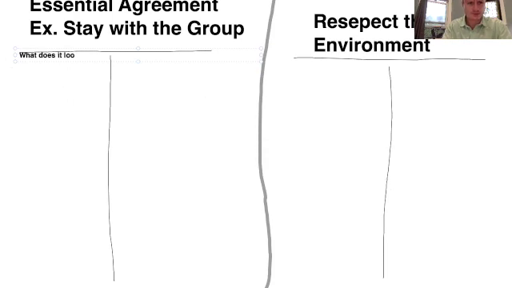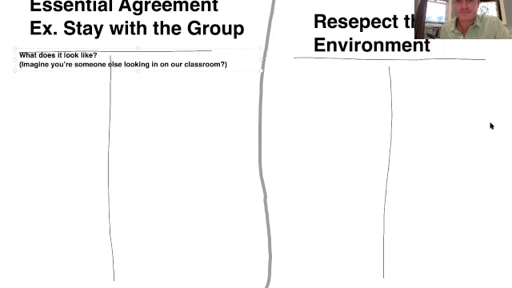look like. I want you to imagine someone else looking in on our classroom. So when I ask you, what does it look like? I want you to imagine that you're not a part of Mr. Bubbett's classroom.